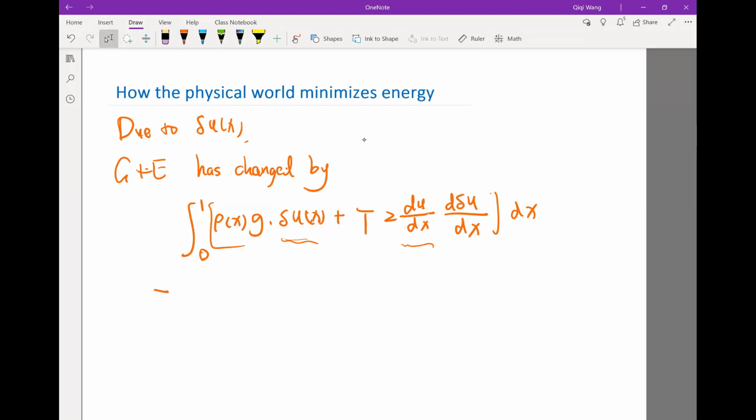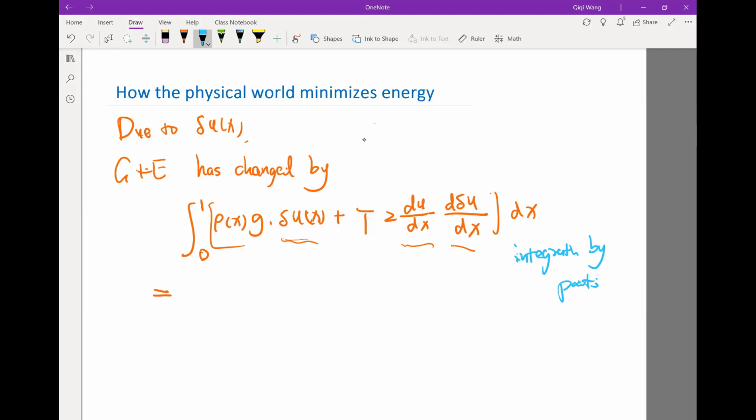Here, in order to derive this, we actually have to get the delta u out of the derivative. How do we do that? We use a method called integration by parts. What integration by parts does is actually pretty simple.